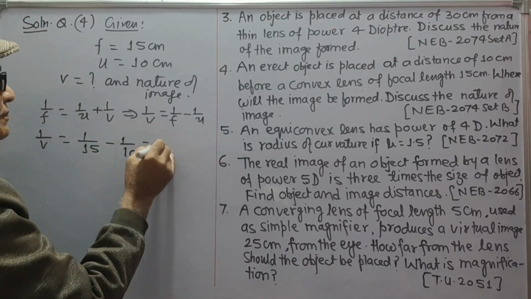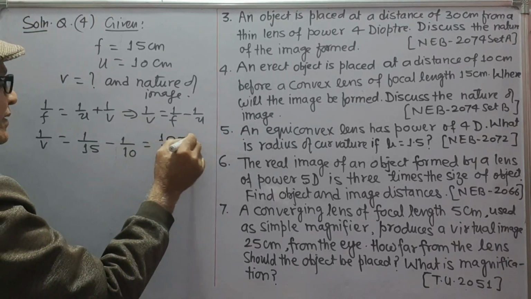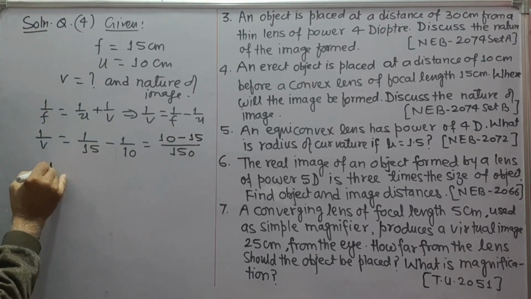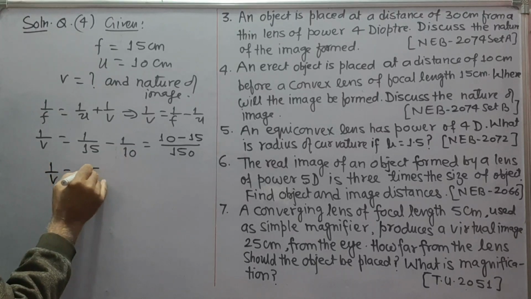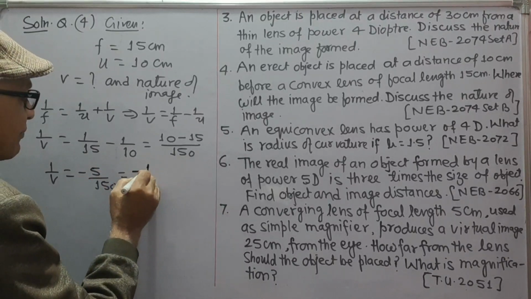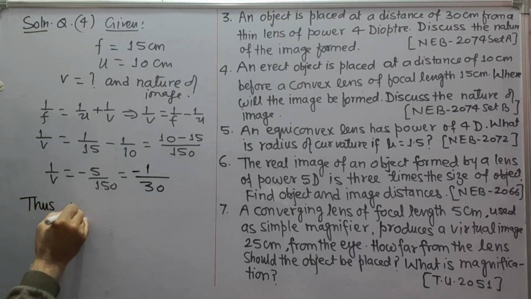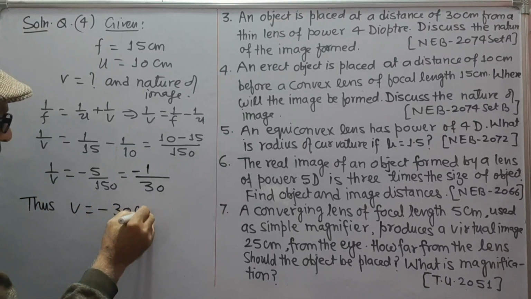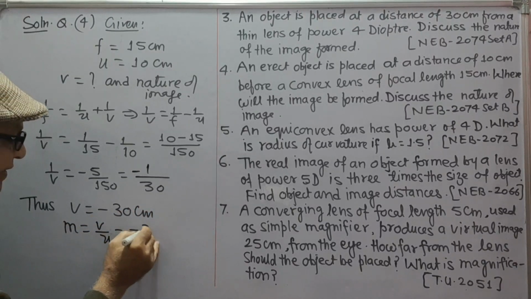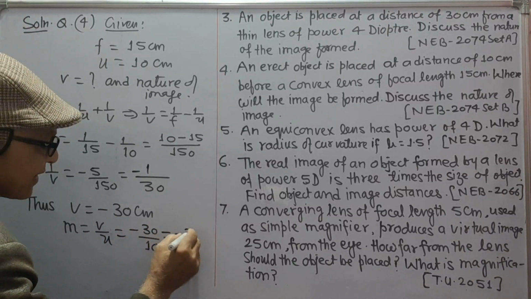LCM is 150. 10 minus 15. 1 upon v is equal to minus 5 upon 150, which gives minus 1 upon 30. Thus, v will be equal to minus 30 cm. Magnification v upon u is equal to minus 30 upon 10. cm cancels and minus 3.